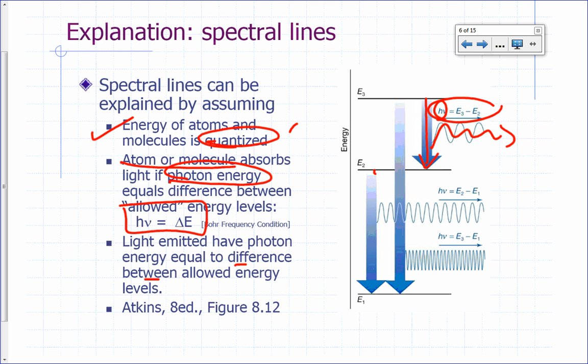Because of quantization and because the allowed levels are different for different atoms and different molecules, they all get different spectra. But because of quantization, you cannot just get any color of light from a particular atom or molecule. It's only certain colors that an atom or a molecule produces.